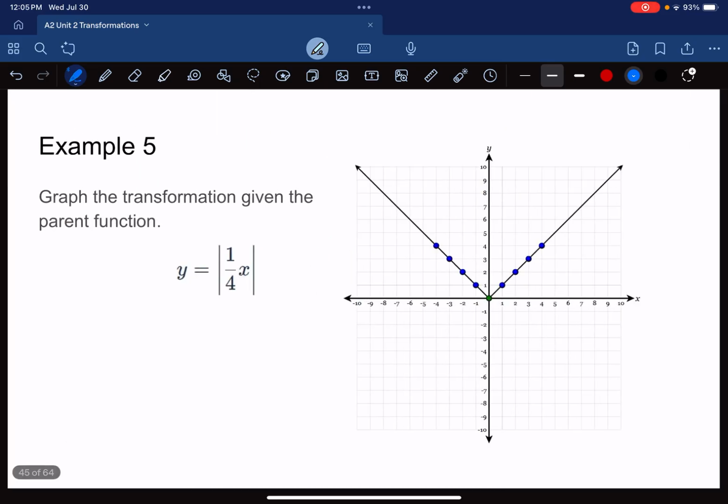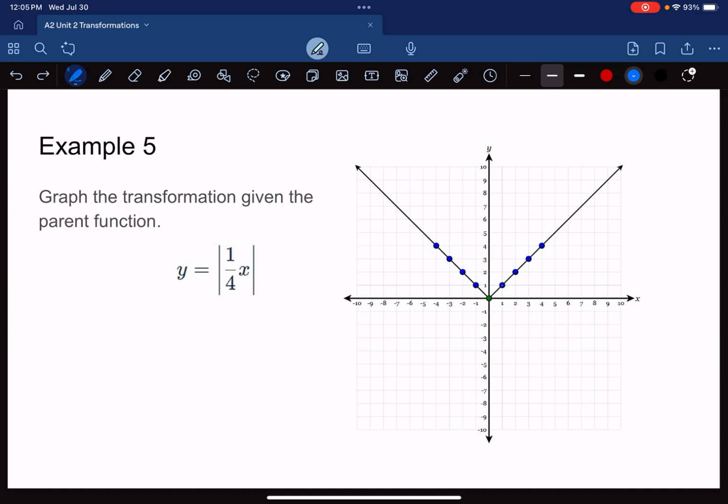All right, graph the transformation given the parent function. Well, this time the 1/4 is inside with x, so you would think it would cut all the x values by a fourth, but it's really going to multiply them by 4. So this 1 becomes a 4 here. I'm sorry, we're doing this in the x direction.